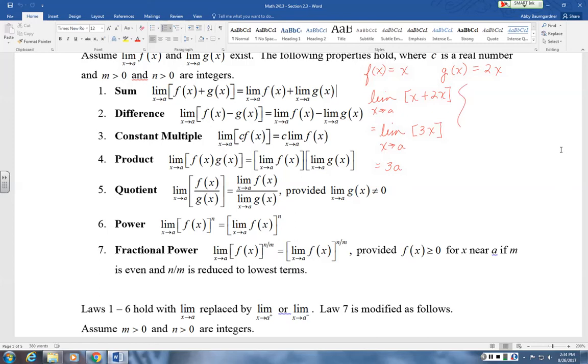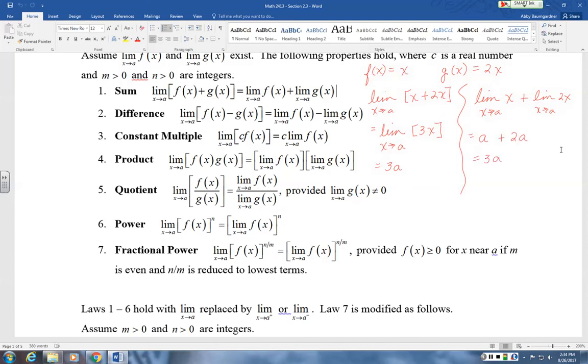Alternatively, we could do these individually. We could say, well, the limit of x as x approaches a, and the limit of 2x as x approaches a. Let's see, this should give us, just do an evaluation or a substitution here. So there's no reason why we can't plug a in for x, and then do the same thing here, and we get 3a.